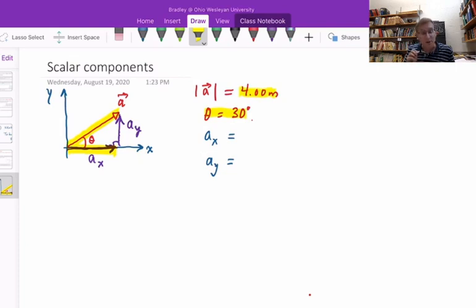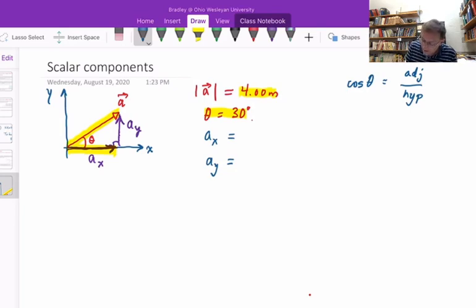So I know the length of the hypotenuse, the angle theta, and I want the length of the side adjacent to theta. This is where I remember cosine of an angle theta is adjacent over hypotenuse. Or, rearranging, the adjacent side is equal to the hypotenuse times the cosine of theta.